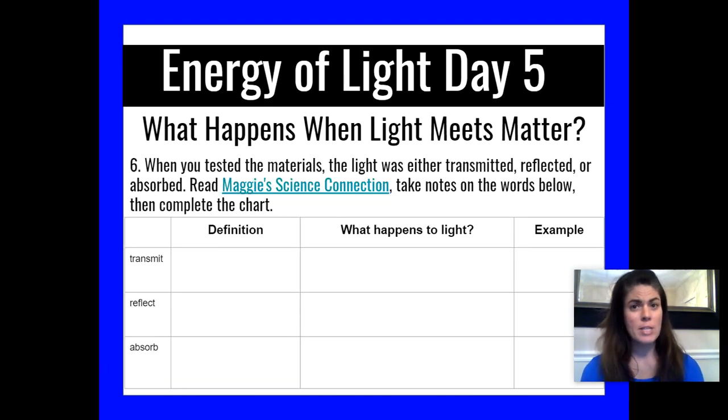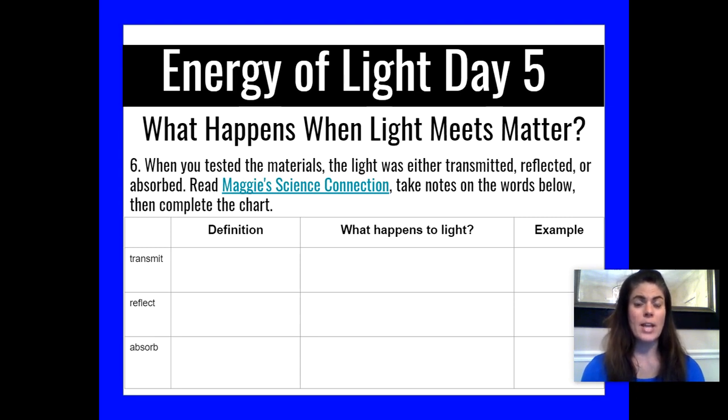Now that you tested these materials, you've discovered whether the light was transmitted, reflected, or absorbed. You're going to click this link and go to Maggie's Science Connection and take notes on the words below. Then complete the chart. The first step you need to do is to write the definition for transmit, reflect, and absorb.